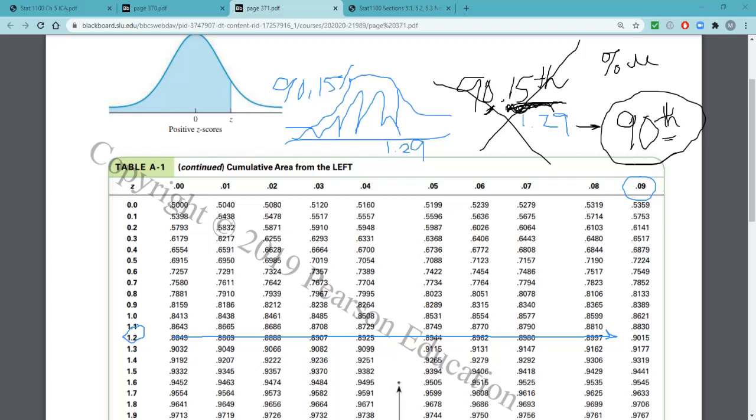Keep in mind that this is not equal to 90%. They're two different values. Being in the 90th percentile is saying that about 90% of the data values have the same body temperature as us, or below.